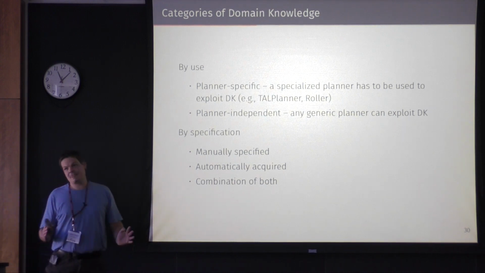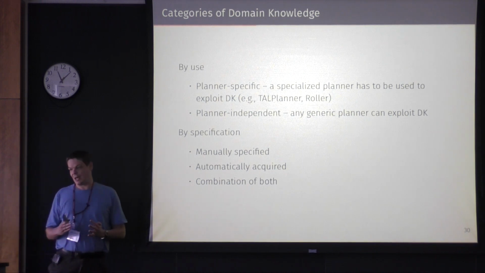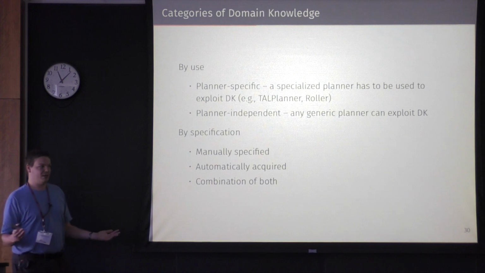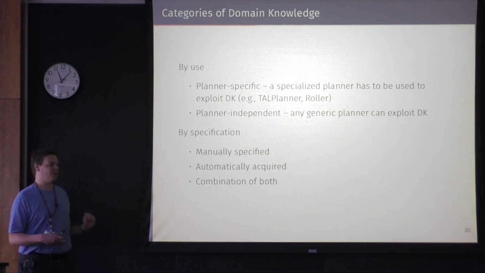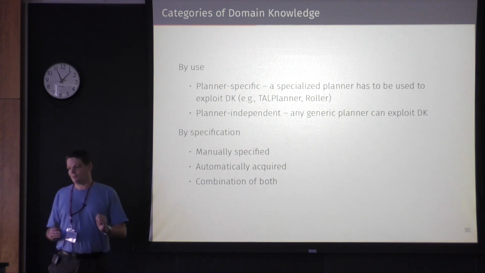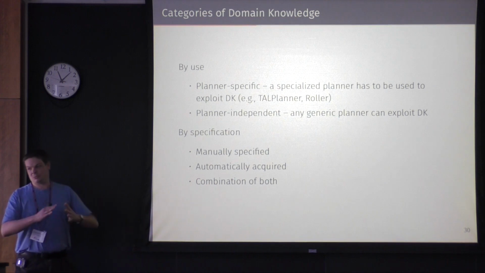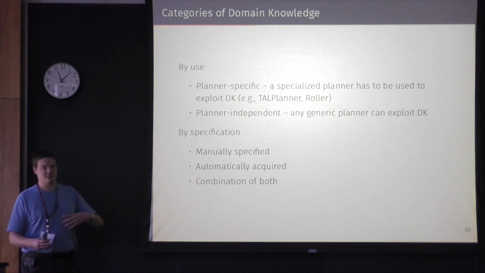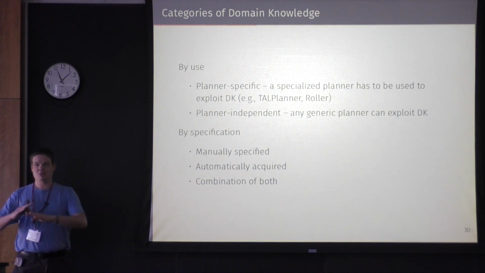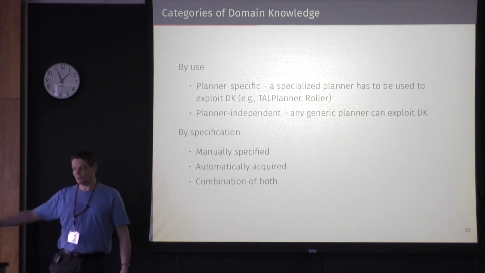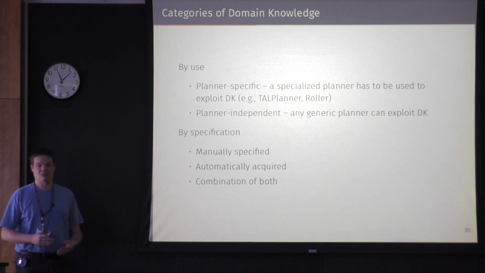Clearly we might have different uses, and there are basically two main categories: one is planner specific and the second one is planner independent. For planner specific, you basically have a domain model. It can be, for instance, in PDDL or another language, and then you have some domain knowledge, which might be like control rules, for instance, with some sort of linear temporal logic.